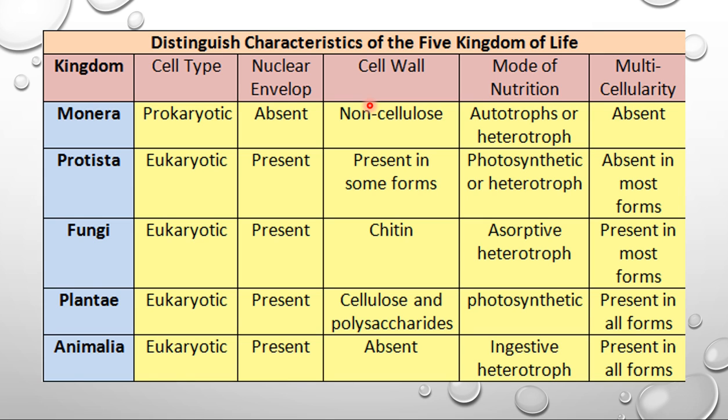Am I right? Okay, some cell walls contain cellulose, some cell walls are non-cellulosic. In some types of cell wall, polysaccharide is present, and obviously in Animalia the cell wall is absent. Correct.